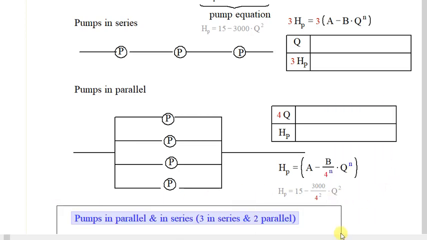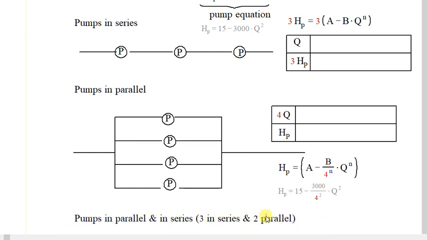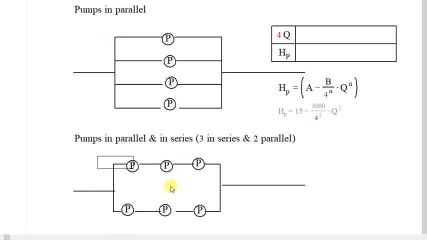For example, let's take another one, pumps in parallel and in series: 3 in series and 2 in parallel. For the table it will be 3 for the head of the pump and 2 in parallel, so 2 for the Q. And how will the shape come? It will be something like this. This one we call 3 in series and 2 in parallel.